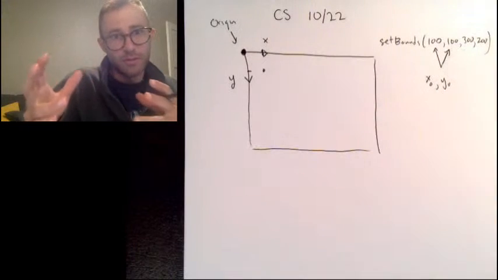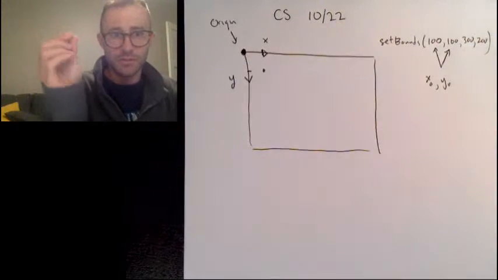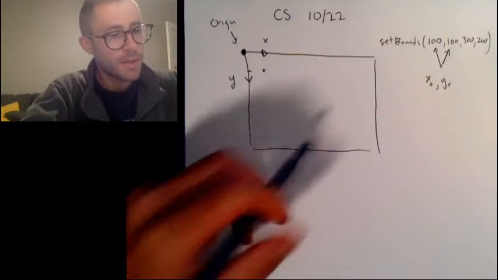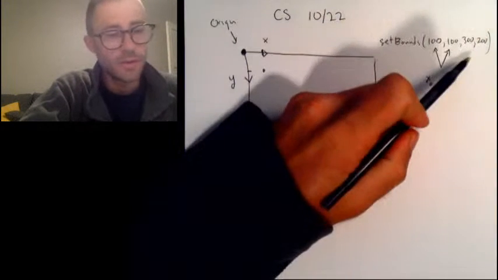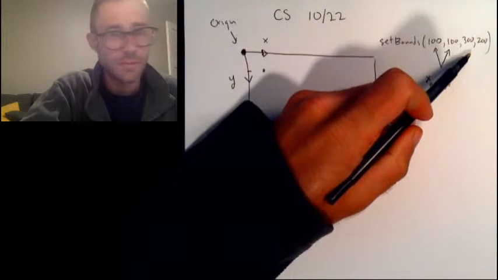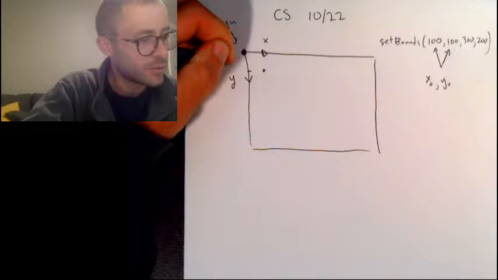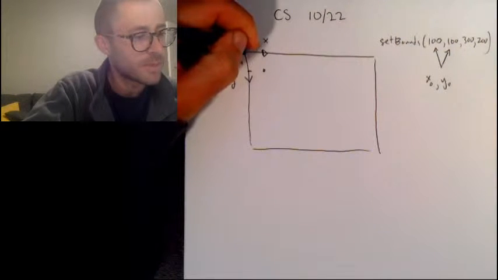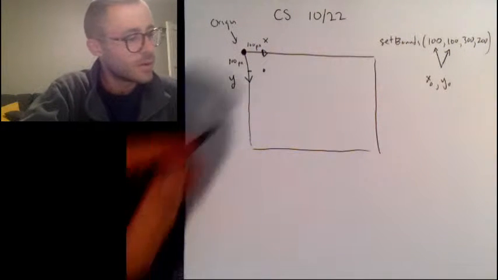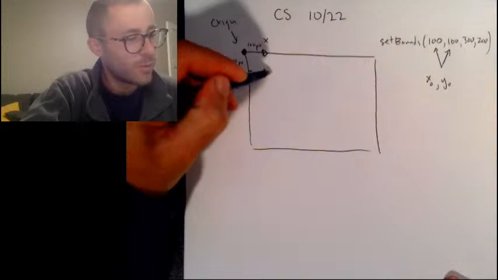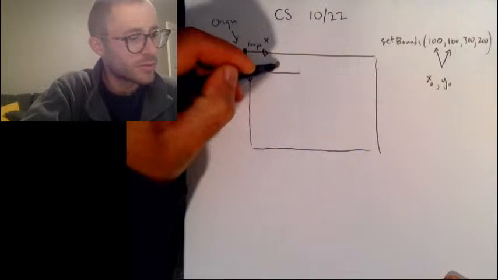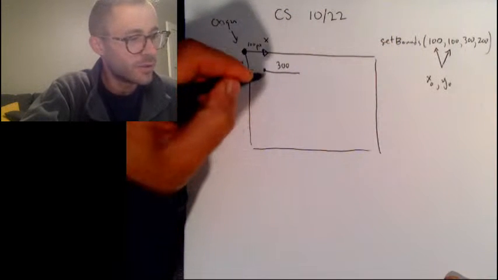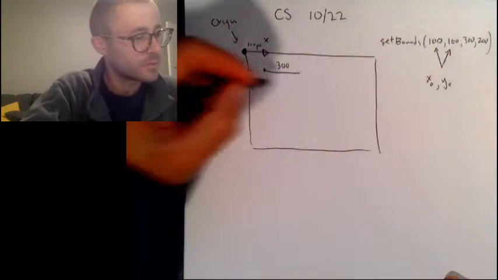All these are measured in pixels, so it might look different on different screens because they have different pixel sizes. This is the width of the window in pixels. This is 100 pixels, this is 100 pixels. The width is going to be 300 pixels, and the height is going to be 200 pixels.